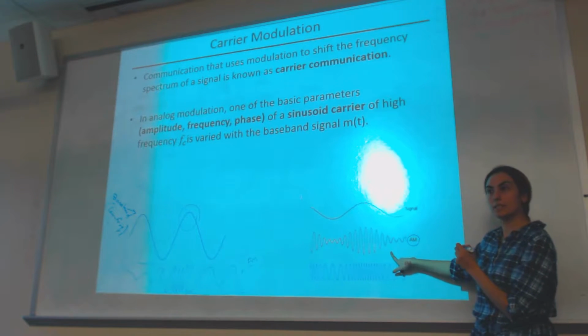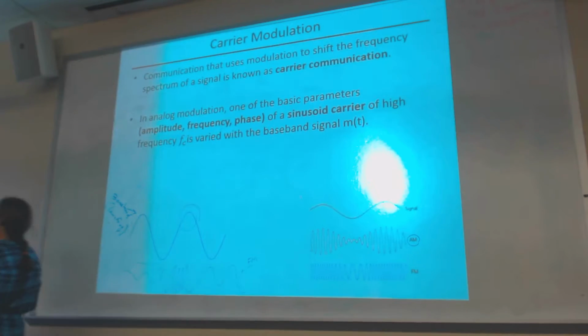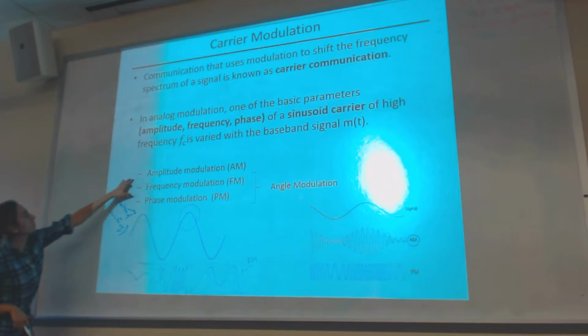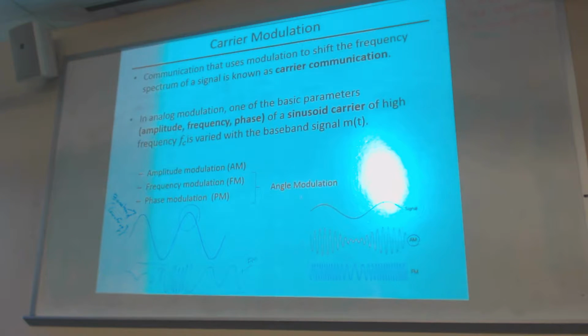Okay, make sense? Good. I'm sure everybody knows AM and FM radios. FM and PM will be studied in chapter 5 under angle modulation. AM is going to be chapter 4.